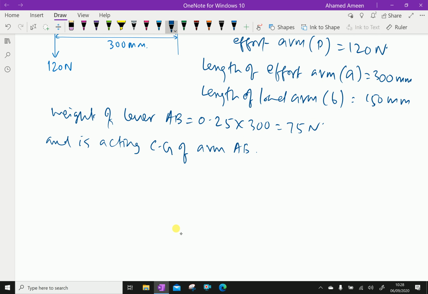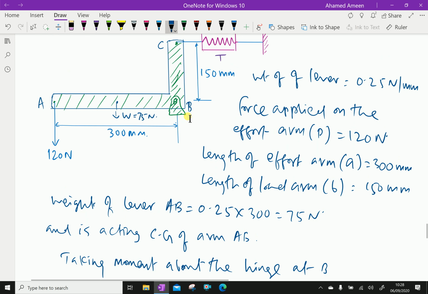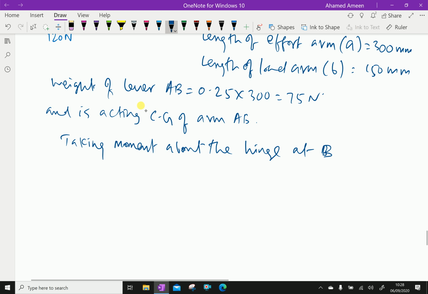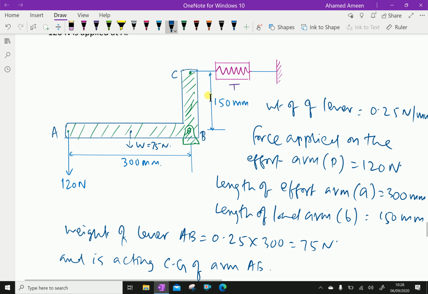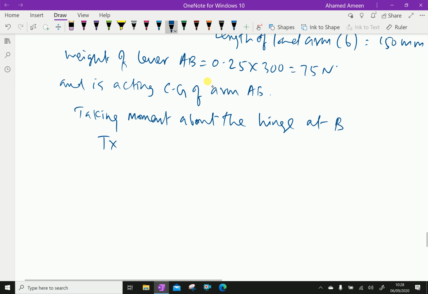Therefore, taking moment about the hinge at B, that means we are taking moment about this: 120 Newton into the AB length, therefore tension of the spring into 150 mm.